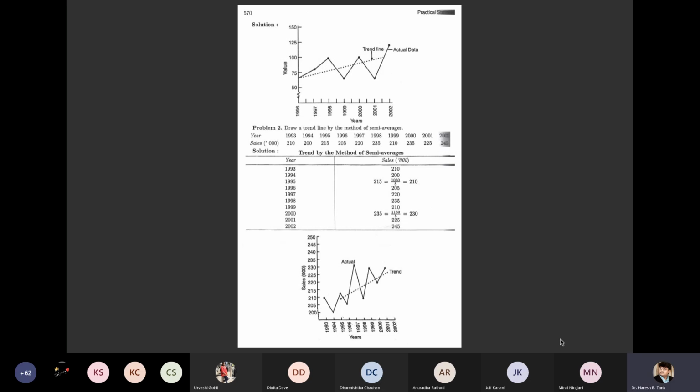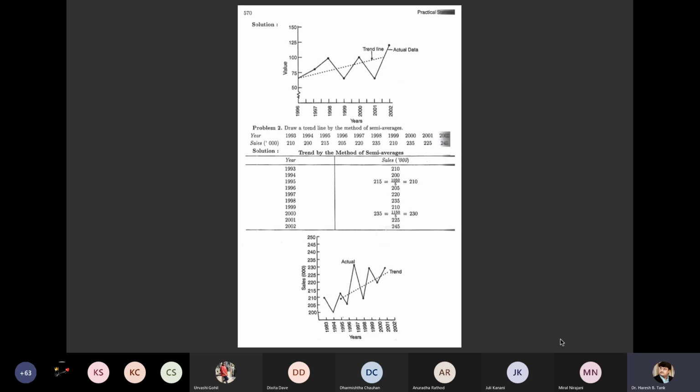Similarly, make a second group. The second group consists of 1998, 99, 2000, 2001 and 2002. Exactly in the middle, 2000 comes into the picture. And the entities are 235 plus 210 plus 235 plus 225 plus 245.